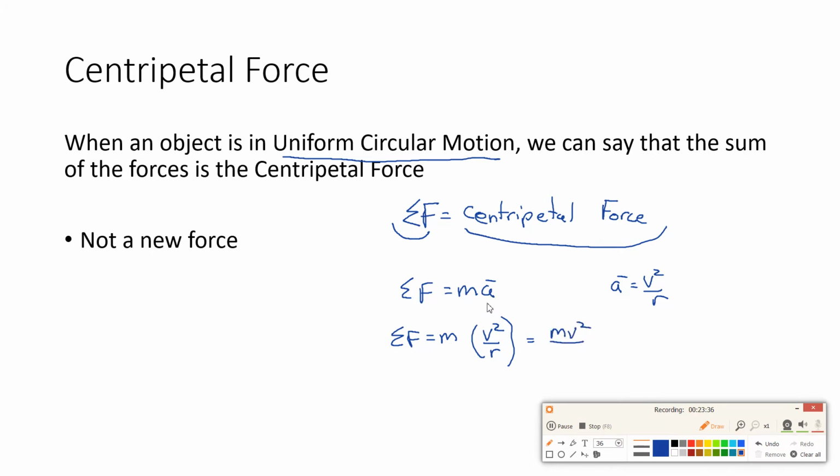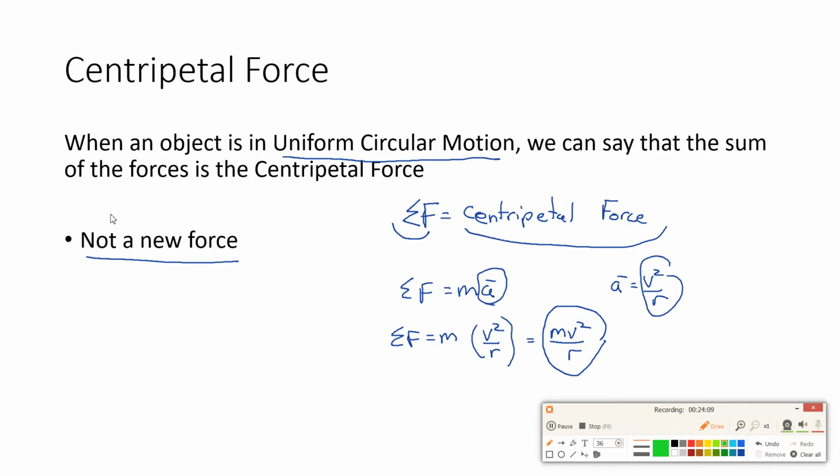I just took out the a for acceleration, and I added what the acceleration equals because we're in uniform circular motion. So if we draw a force diagram, add up all the forces, and we get a sum of the forces, that sum has to be the same as mass times speed squared over the radius. Again, not a new force. It's the same forces, right? So we're not going to say, oh, now there's a centripetal force in this problem, that's what's keeping it in a circle. No, the forces we've already discussed, those are the forces that keep it in a circle.